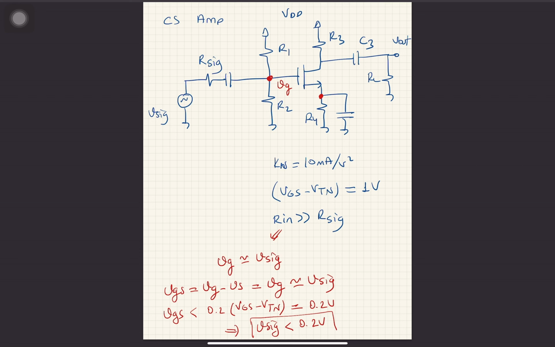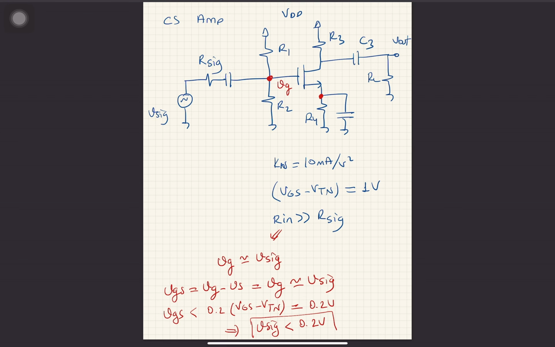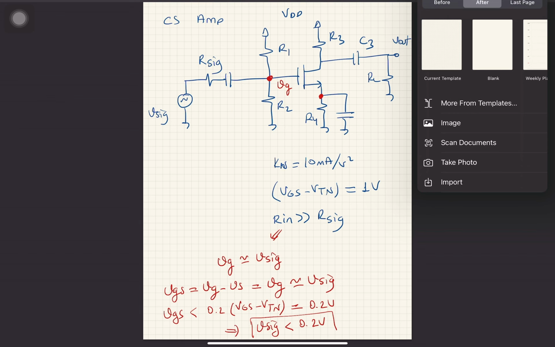So here is a question. When you compare common source amplifier with common source with degeneration, which one has a better input small signal range? Let me write the question.